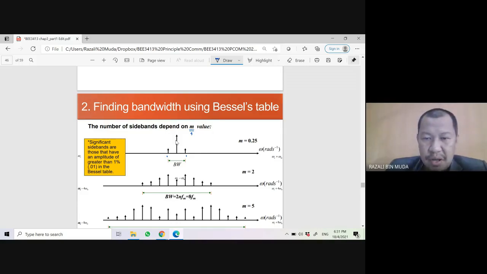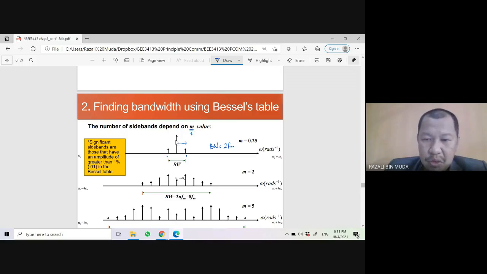So for m equal to 0.25, from Bessel table we get there is only one sideband. So the bandwidth is equal to 2 Fm.